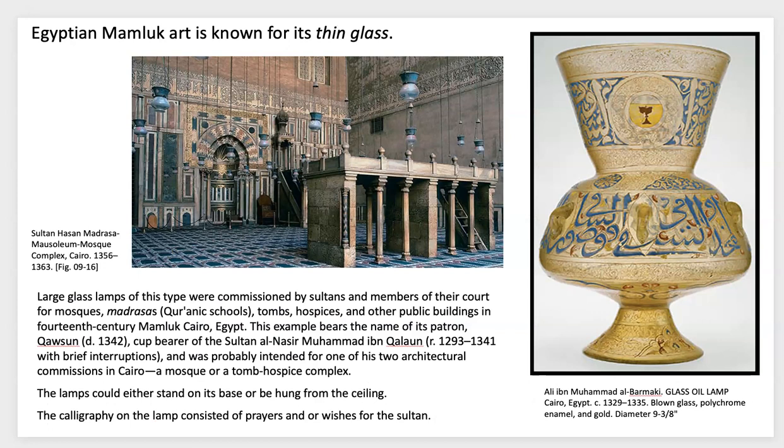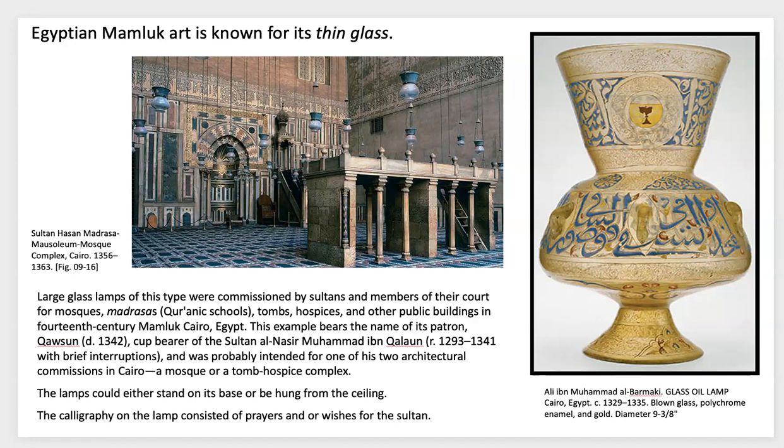The other technique that was very famous in these particular mosques were the thin glass that they had developed. I feel like a lot of these cultures were always trying to outstep the other cultures in trading, so then they could make more money, right?